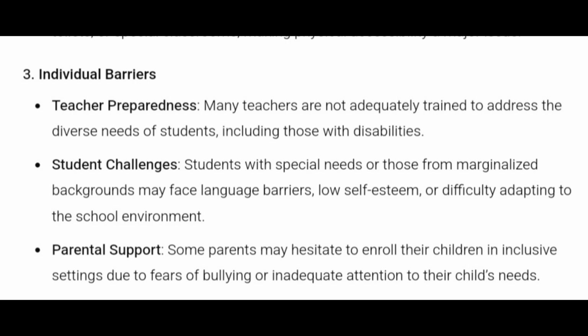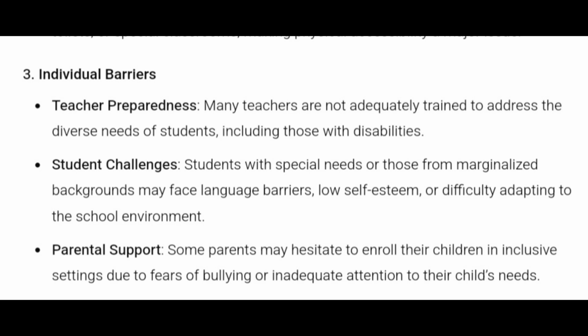So because of this, they might not be comfortable sending their child for inclusive education, where the normal children also study, the average children also study, right? And the specially abled children also study. So the parents might not be so comfortable.